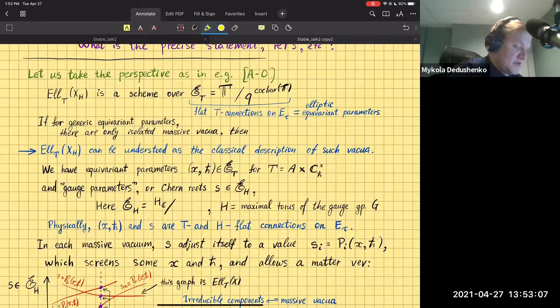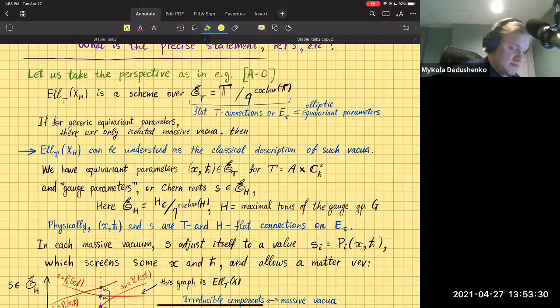And then there are also gauge parameters or Chern roots, which we can also think of as living in E sub h. This is an analogous object, where by h I mean the maximal torus of our gauge group.